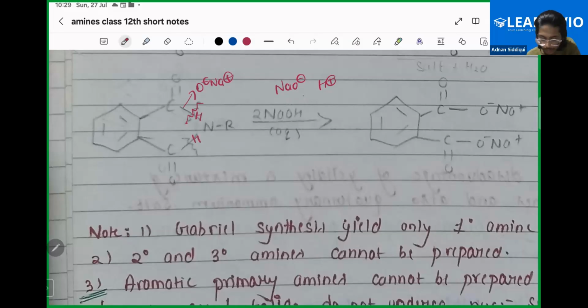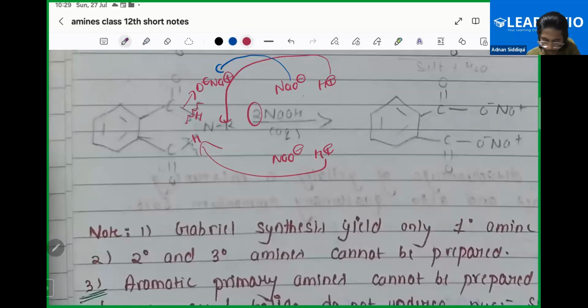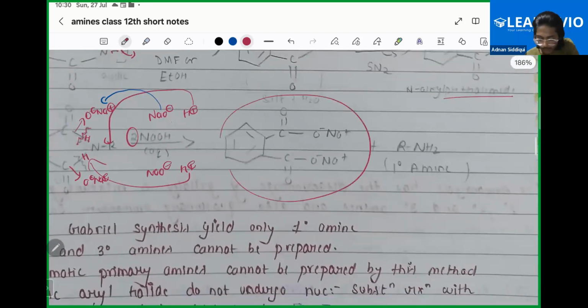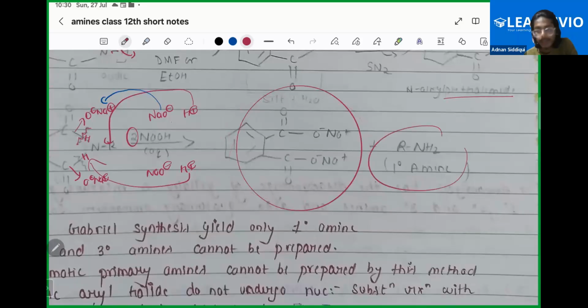We have two equivalents of NaO negative, H positive. So one hydrogen will go here, one hydrogen will go here. This O negative Na positive will go here, and this O negative Na positive will go here. After this, you are going to get these two compounds. This is a salt, and this is your 1 degree amine.